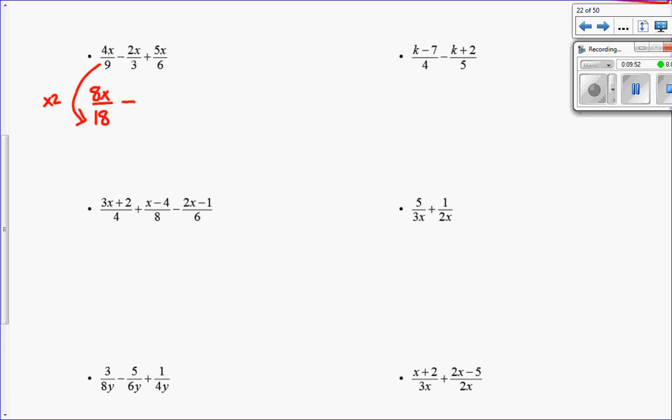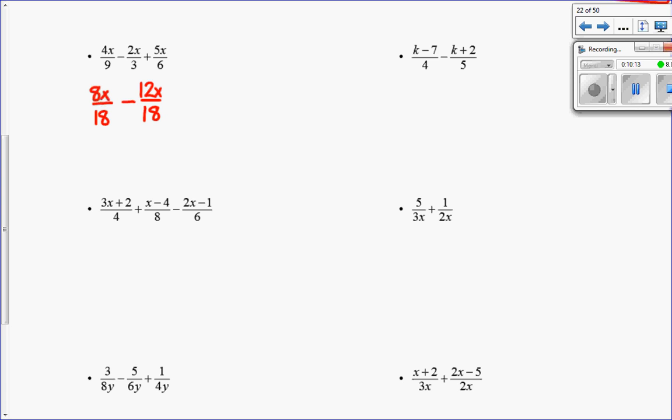Then for this middle term, I have right now a denominator of 3, and I have to figure out what I multiplied that by to get 18. So 3 times 6 will get me 18. So I do the same thing to the numerator. 2 times 6 would give me 12.